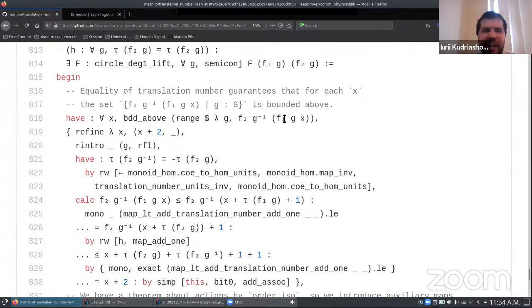You see, here I was talking about some proofs about maps from the circle to itself that should somehow use the fact that they are monotone, their lifts to the real line are monotone.